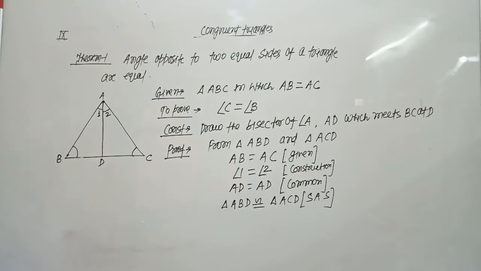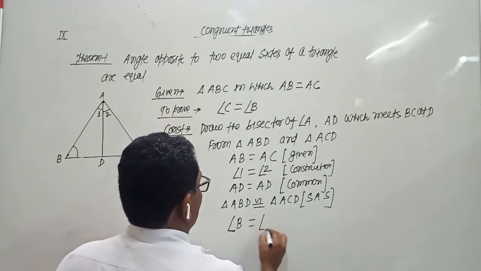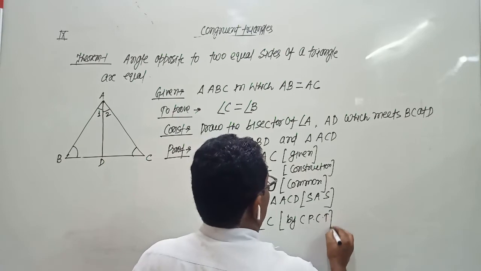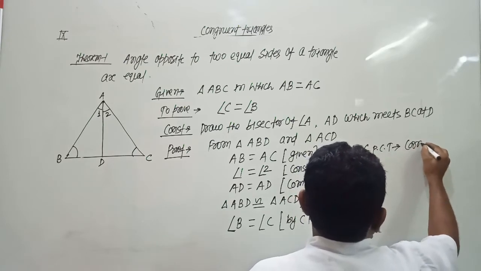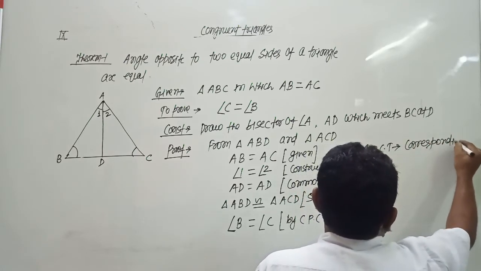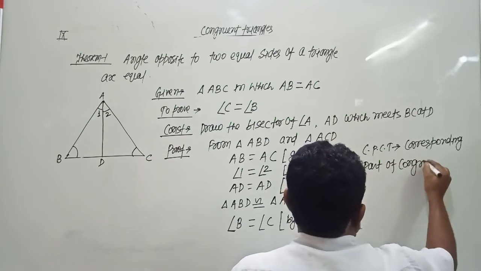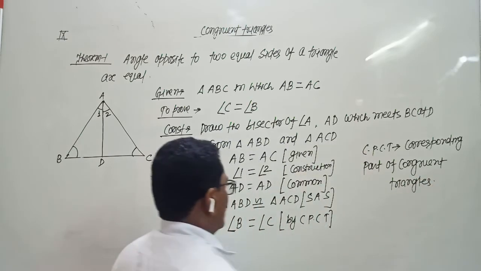Triangle ABD is congruent to triangle ACD by SAS criterion, and by CPCT we can say that angle B equals angle C. CPCT means corresponding parts of congruent triangles.